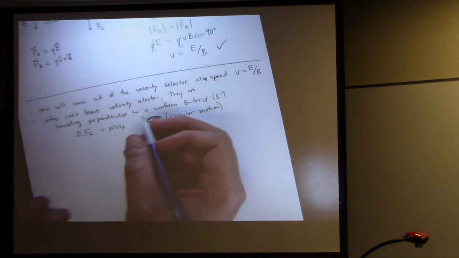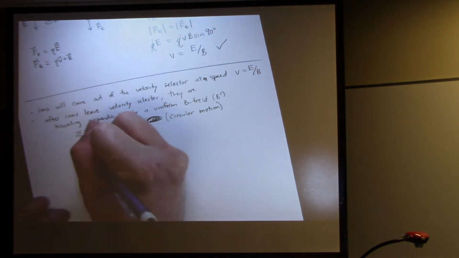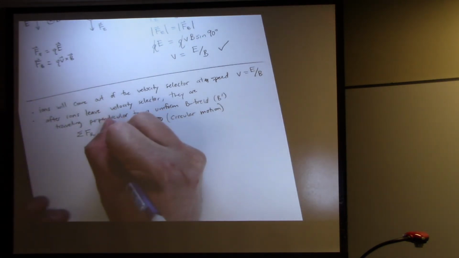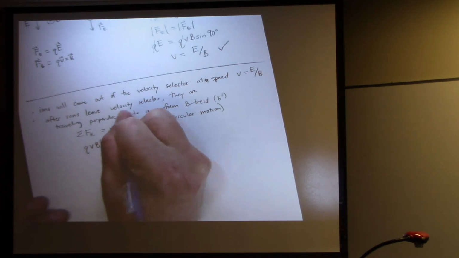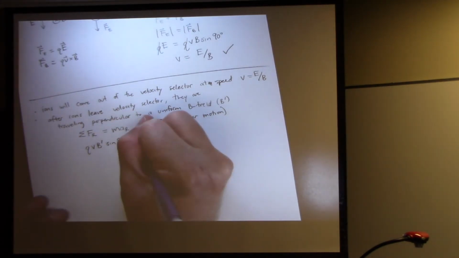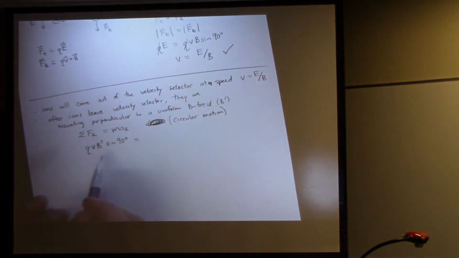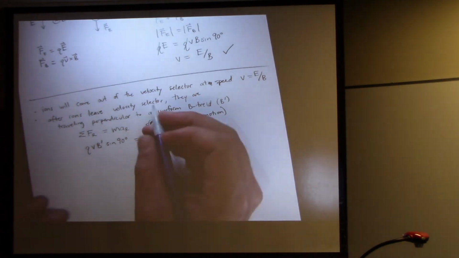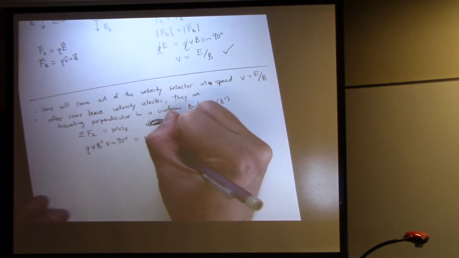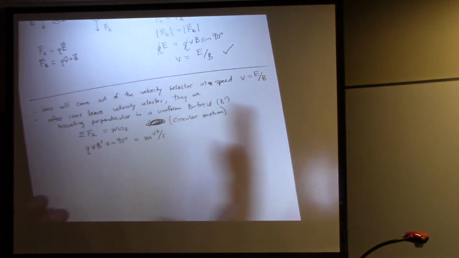And what do we have for the force? Well, we have Q times V times B prime times sine of, in this case, 90 degrees, because as we just said, they're traveling perpendicular to that uniform B field. So that's how you write out the magnetic force. On the other side of the equation, we have M times A, and that acceleration is V squared over R, because we're dealing with circular motion.